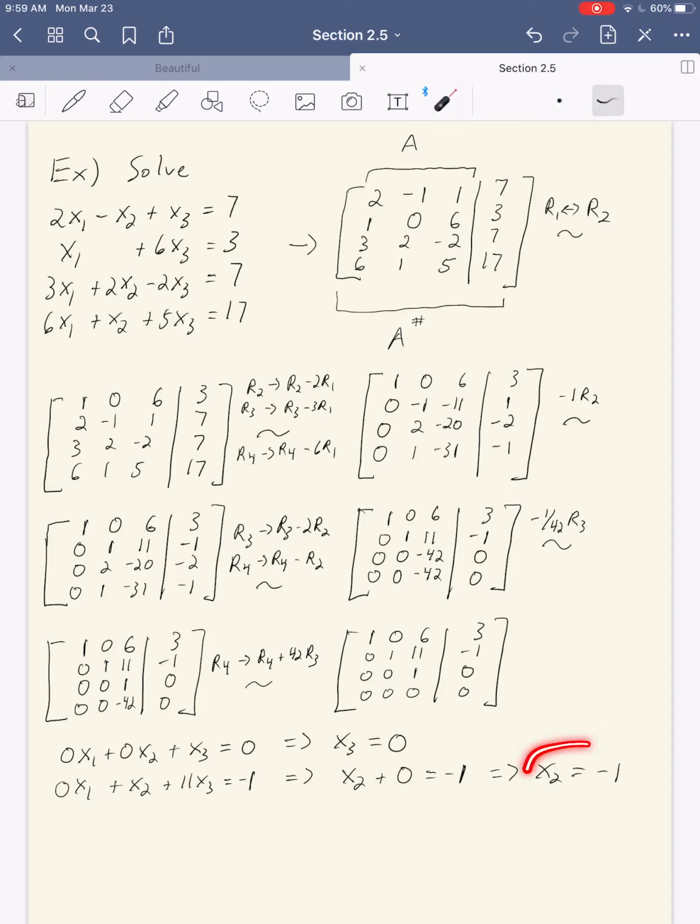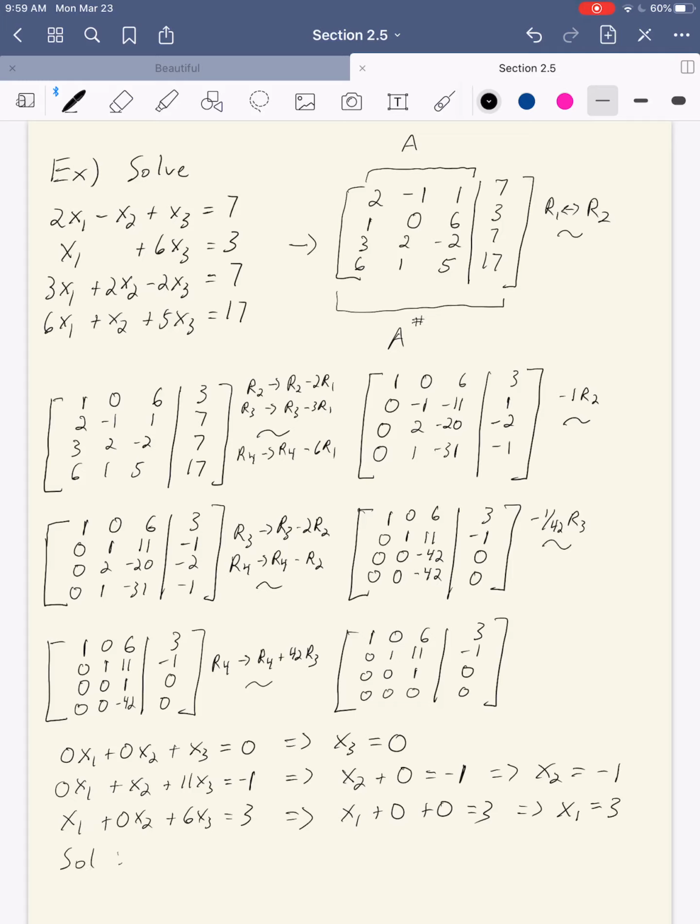So now we have x2 and we have x3, and we can use this sort of last equation up there and say that x1 plus 0x2 plus 6x3 is supposed to be 3. But we know x2 and x3, so this becomes x1 plus 0 is 3, which tells us that x1 is equal to 3.